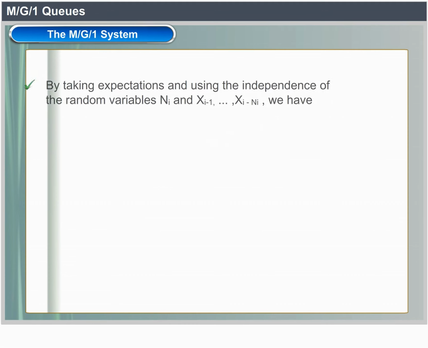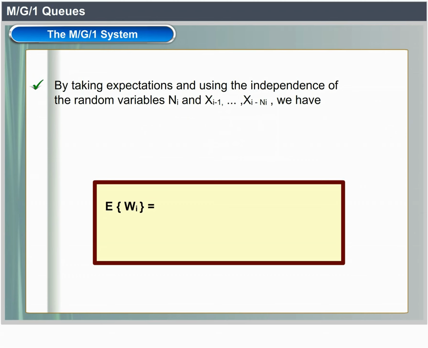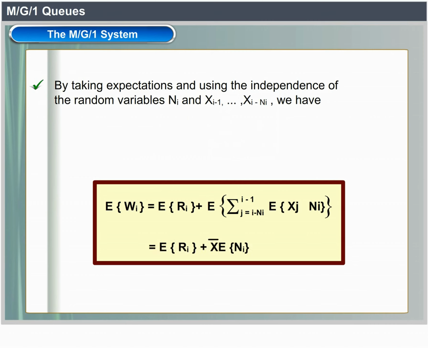By taking expectations and using the independence of the random variables Ni and Xi minus 1 to Xi minus Ni, we have E of Wi is equal to E of Ri plus E of the summation j equals i minus Ni to i minus 1 of E of Xj given Ni, which is equal to E of Ri plus x bar E of Ni.